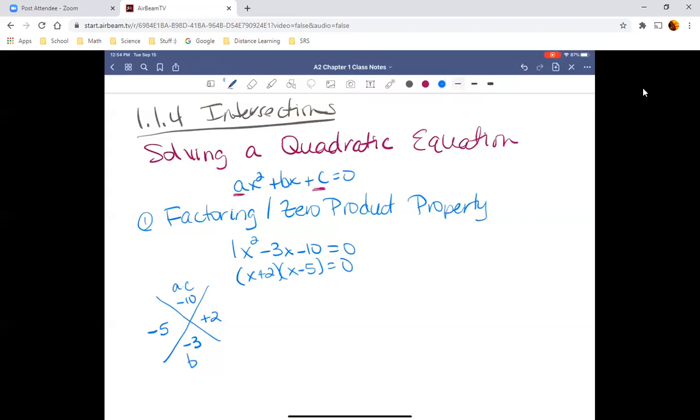So the zero product property tells us that either x plus 2 has got to equal 0, or x minus 5 has got to equal 0, right? How are we going to solve them for x? You guys good? What are we going to get over here? -2. Or x is going to equal +5.